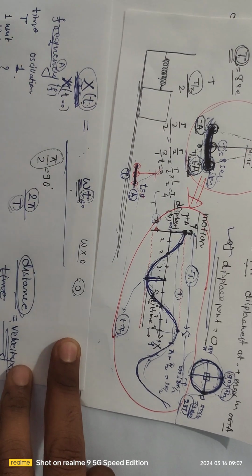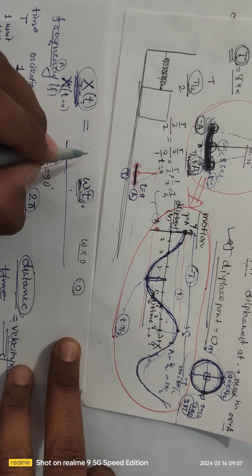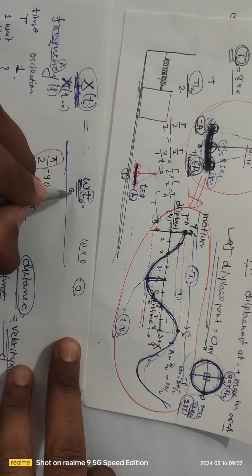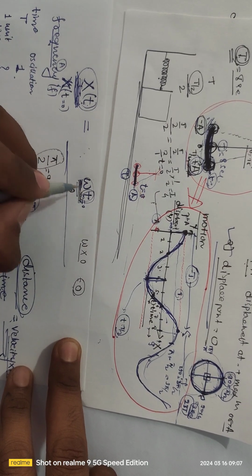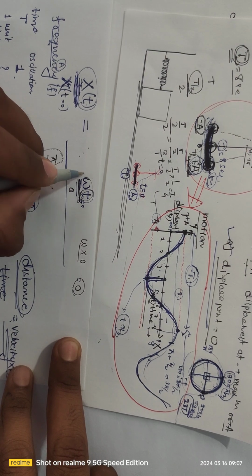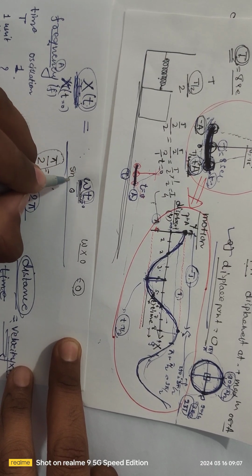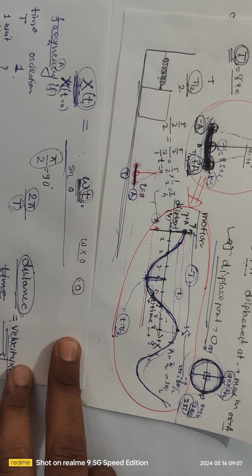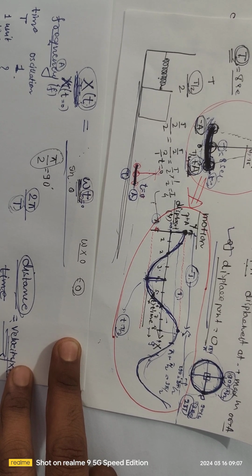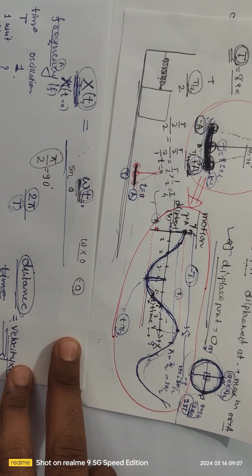Its value becomes already 0. So if I take sine 0, I found the value 0. And what is 0? 0 means the position of the particle.